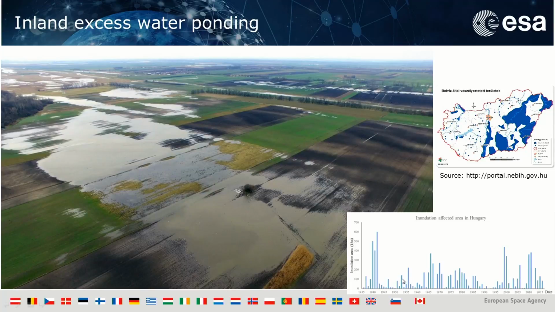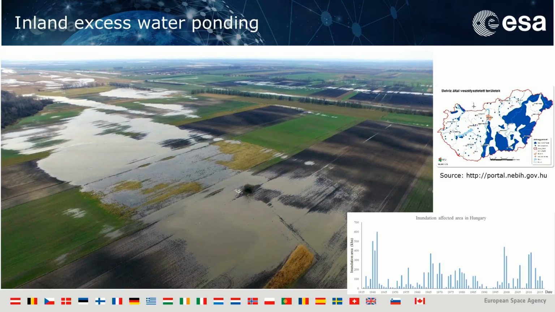If you look at this graph here, it shows from 1935 till 2015, I think 2016 is the last, the area that was covered in the whole country in 100,000 hectares.